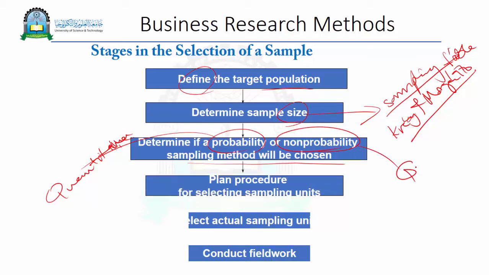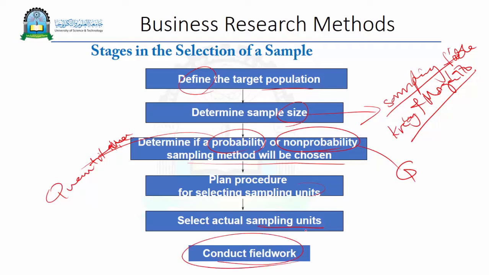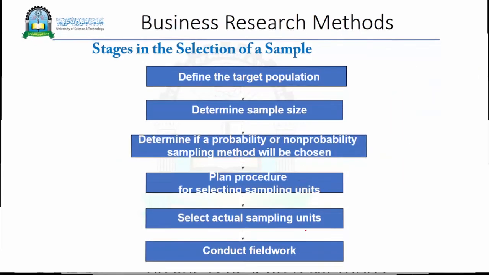Then plan procedures for selecting sampling units. So what is the procedure to select the sampling units? And then select actual sampling units. So draw the sample, then conduct the field study after identifying your sample units and collect the data.